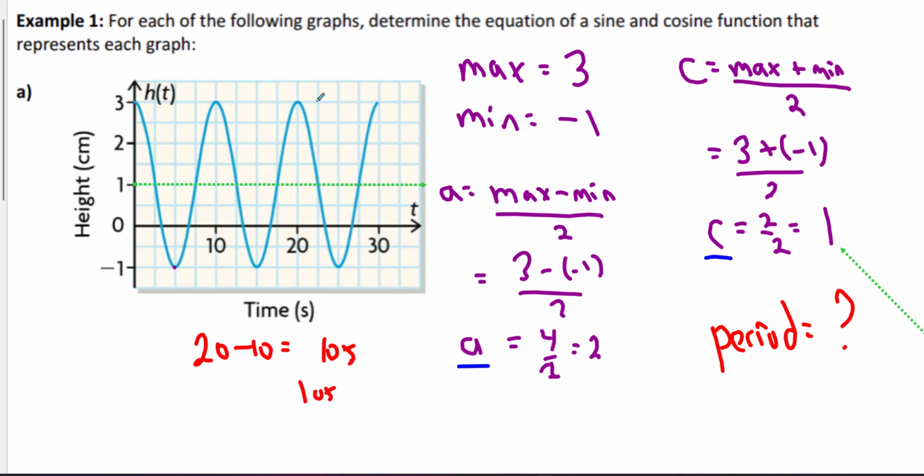Because sometimes the maximum and minimum values aren't exactly on a point, but your middle points are exactly on a point. In this case my max and min are on a point because it's an easy example, but I just want to show you because we don't have time to do another example. So everything's going to be crammed into this one. So this middle point is exactly on this dashed line.